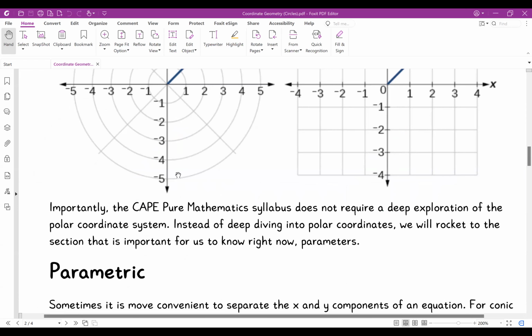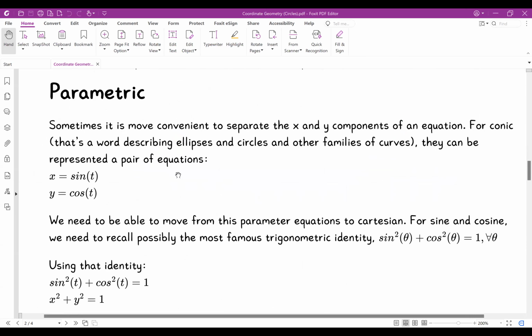With parametrics, it's whenever you have sine and cosine, and you don't have x and y put together in the same place. So for conics, which is a way to describe ellipses and circles and any forms of curves, they can be presented using 2 equations. Imagine I say x equals sine t and y equals cosine t.